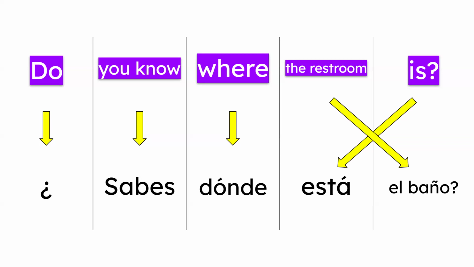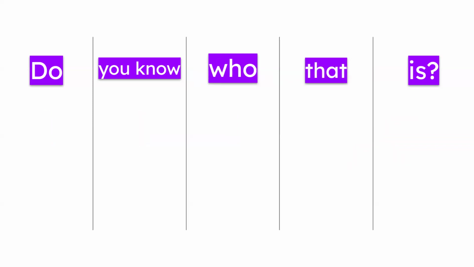Good. Let's move on to the next sentence. Do you know who that is? Do you know them? Okay, we start with the opening question mark. You know, you know. How do you say you know in Spanish?